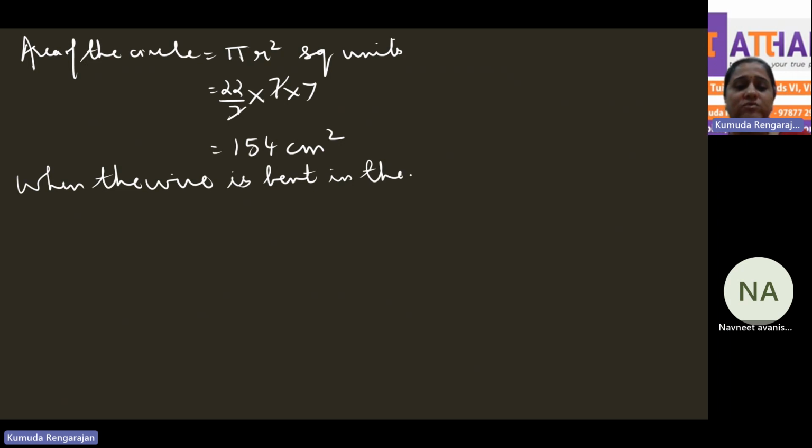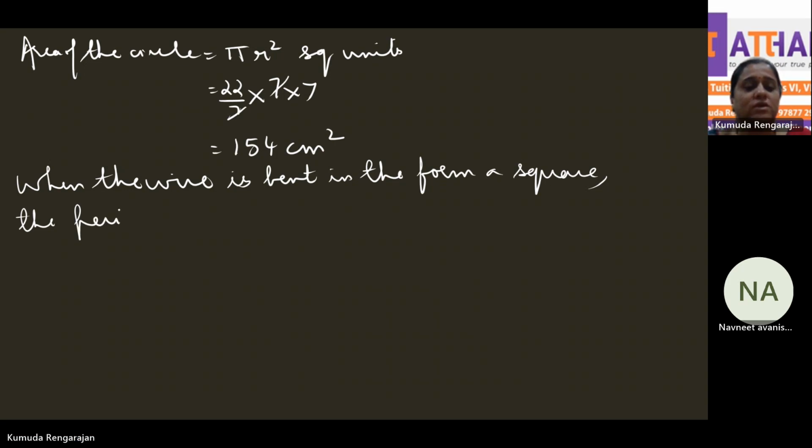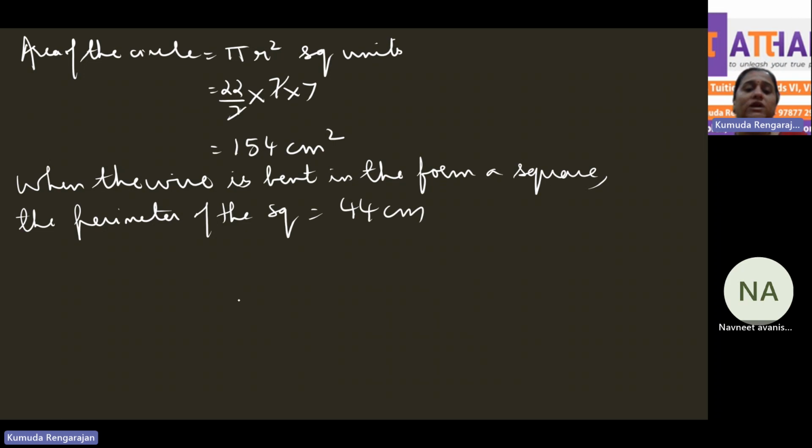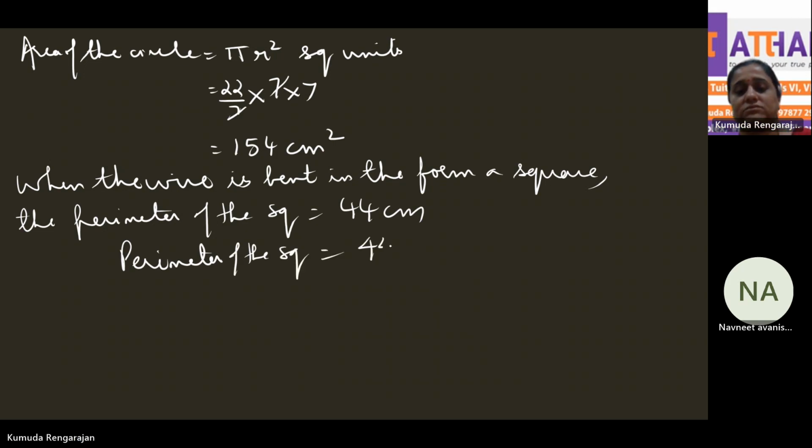When the wire is bent to form a square, the perimeter of the square is equal to 44 centimeters. Correct? Now, what is the formula to find the perimeter of the square? 4 into side, right?